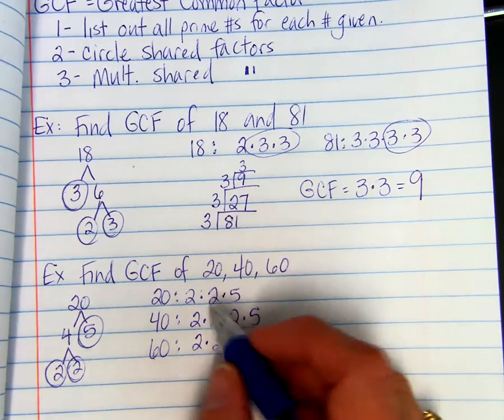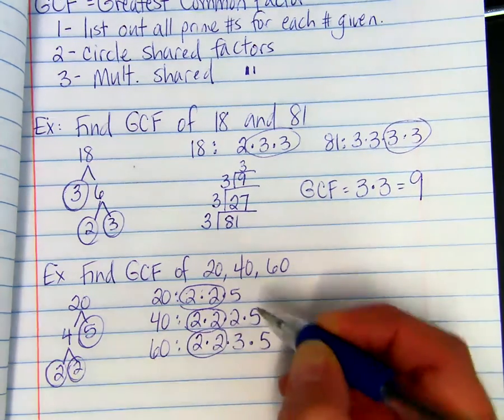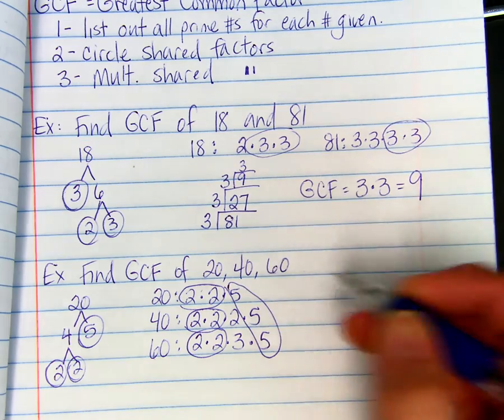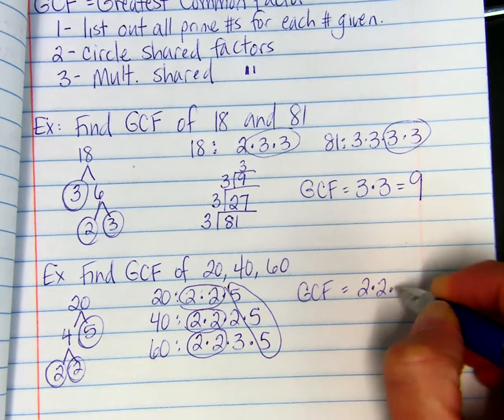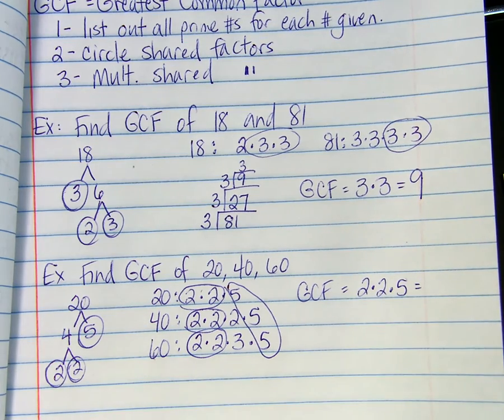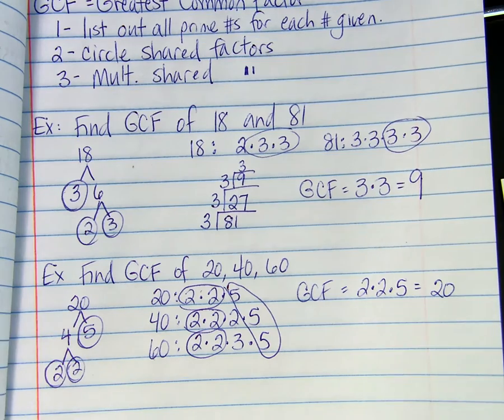So the common factors, 2 2s and a 5. So we're going to do 2 times 2 times 5. So the greatest common factor is 20. 20 can go into itself once, into 40 twice, and into 60 3 times.